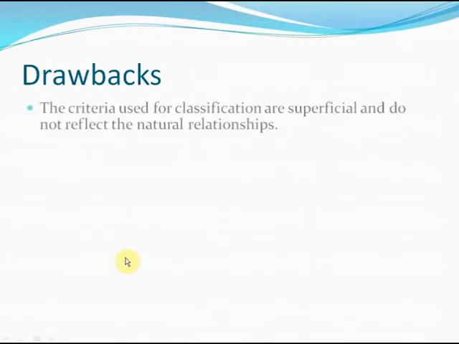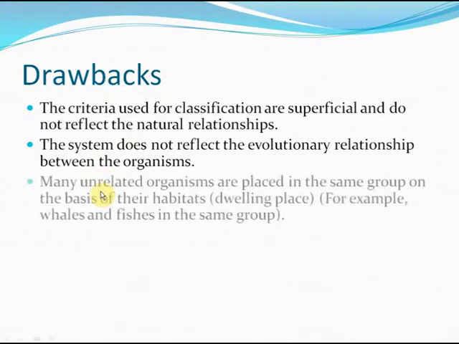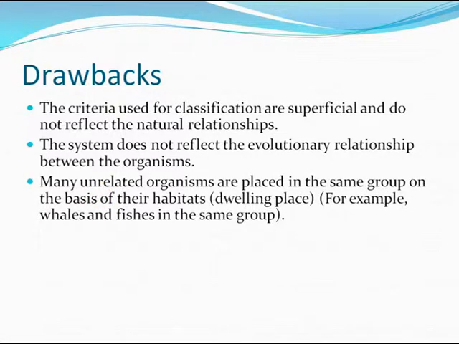Now, the artificial system of classification had several drawbacks. The criteria used for classification are superficial and do not reflect the natural relationships. The system does not reflect the evolutionary relationship between the organisms. Many unrelated organisms are placed in the same group on the basis of their habitats, that is, their dwelling place.